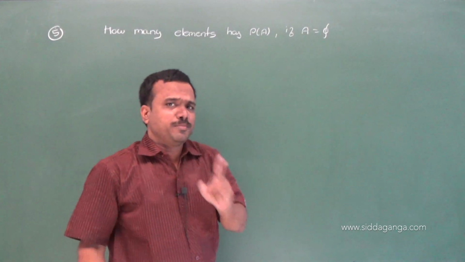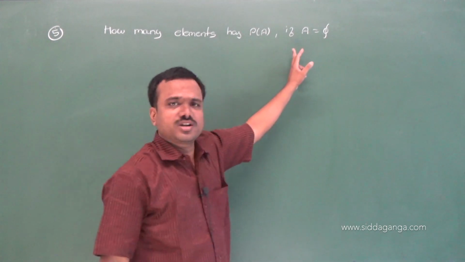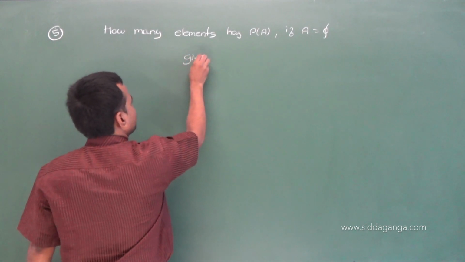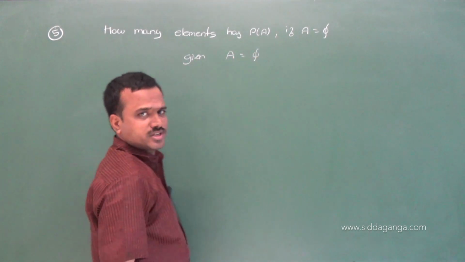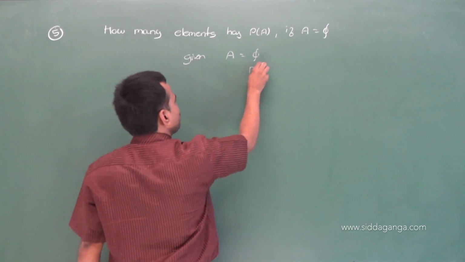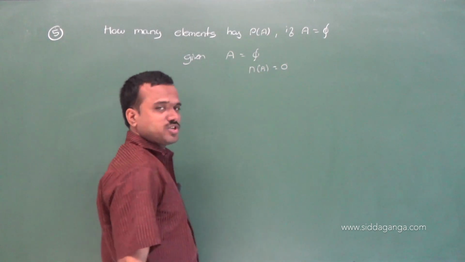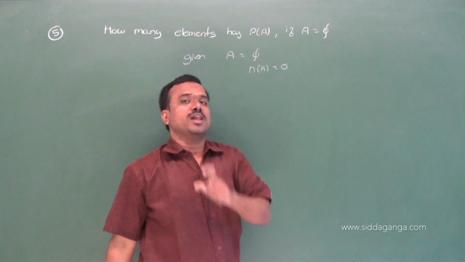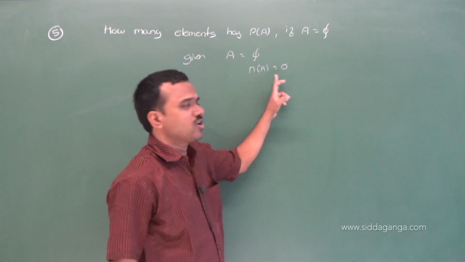Just now we read P of A means what? The collection of subsets. What he has given? Given A is equal to empty. A is equal to empty means n of A is what? 0. Empty set means a set containing no elements. That's why n of A is 0.